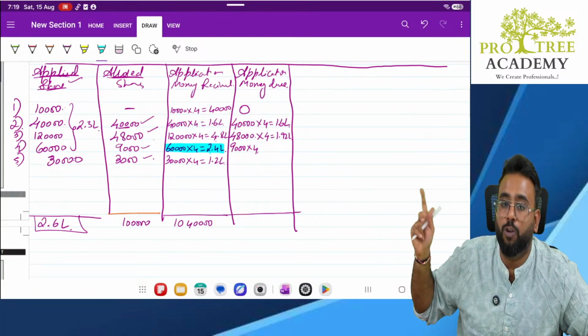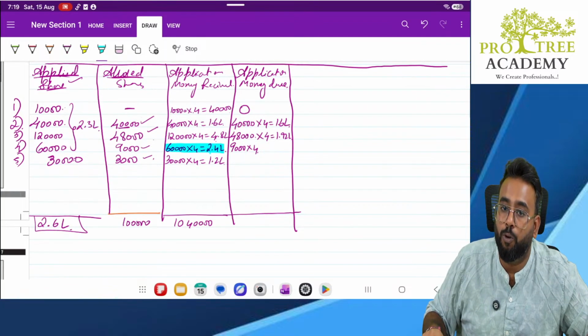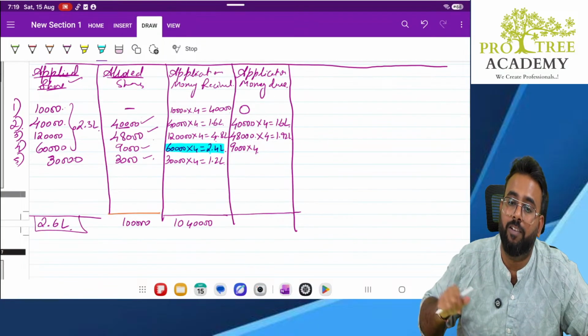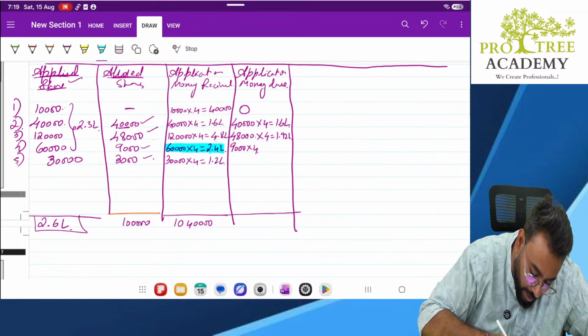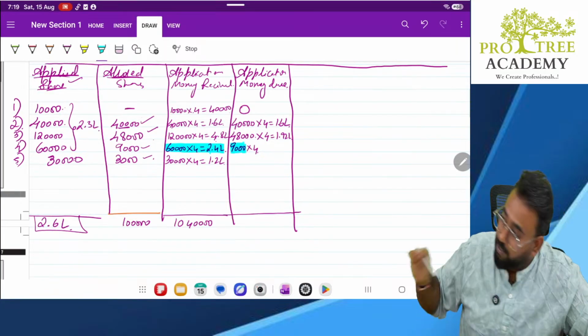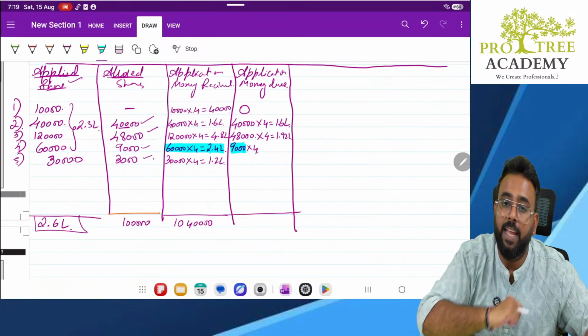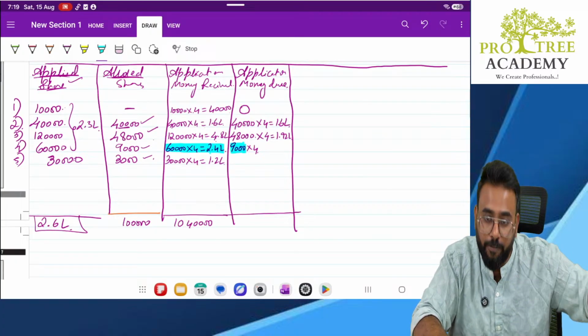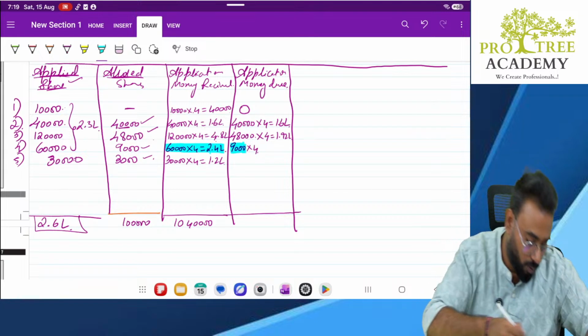But is this entire 2.4 lakh going to my capital? Answer is no. Entire 2.4 lakh will not go to my capital. Why will it not go to capital? Because we have allotted only 9,000 shares. So whatever is allotted, only to that extent will go to share capital. Remaining, either you refund it or adjust it against future calls. Correct or no? Yes.